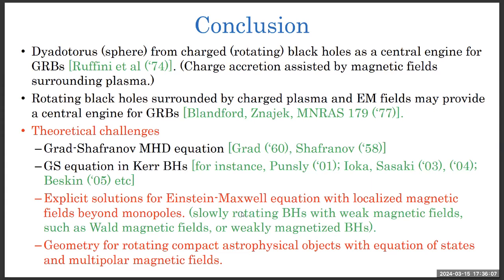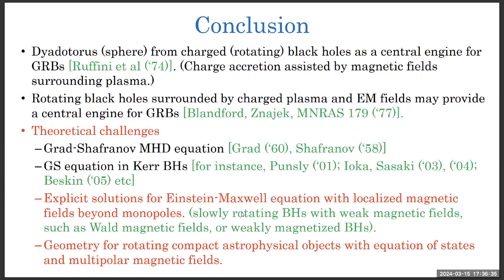Now, according to the No-Hair theorem, there are only monopole charges. Nobody has proved that we need a multipolar magnetic field, nor disproved that a rotating black hole cannot have a multipolar magnetic field.